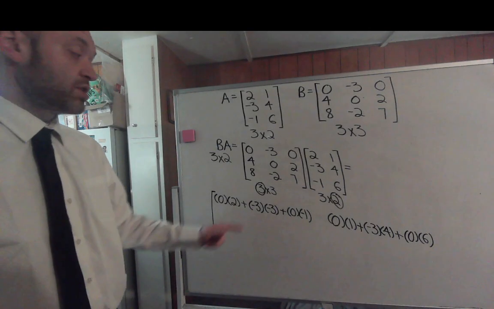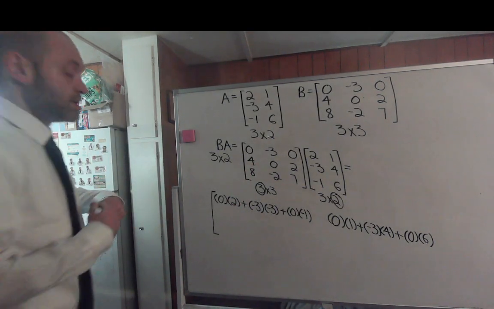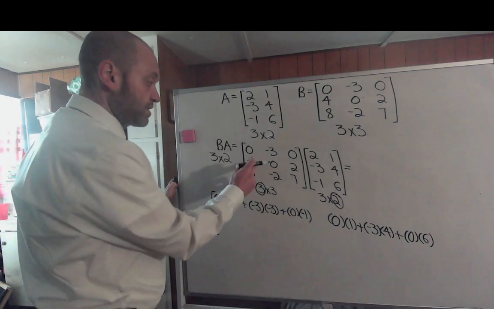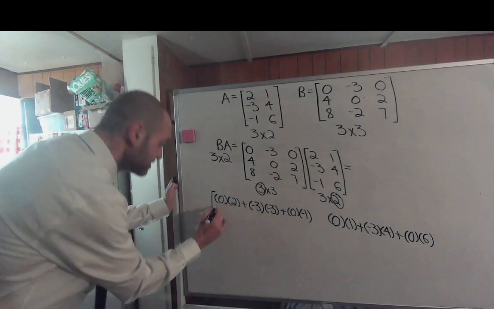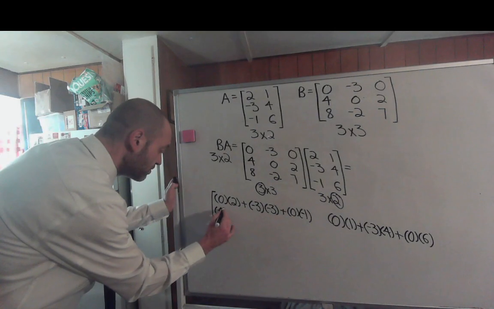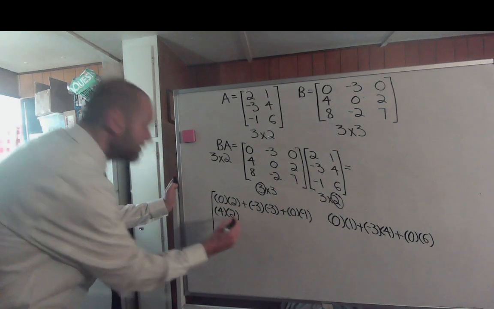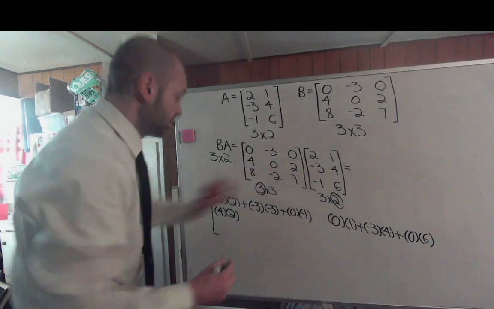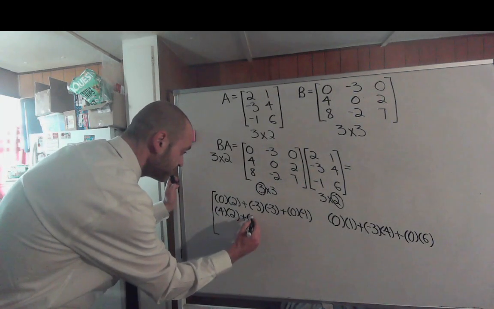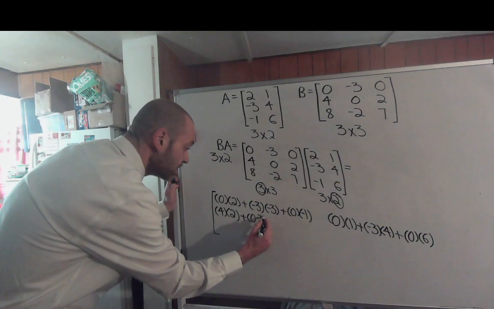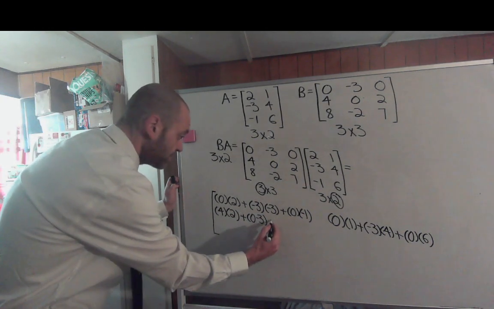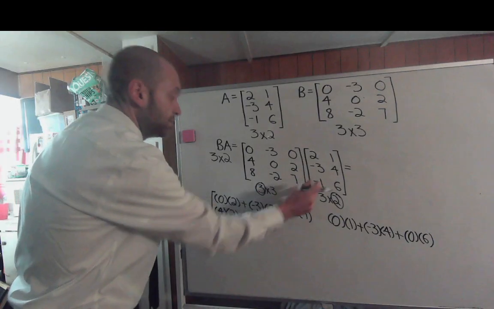Now we need to start into our second row. So the first number of the second row, you'll take that 4 times 2, and then you'll take that 0 times negative 3, plus you'll take that 2 times that negative 1.